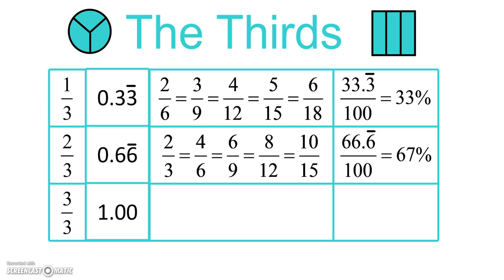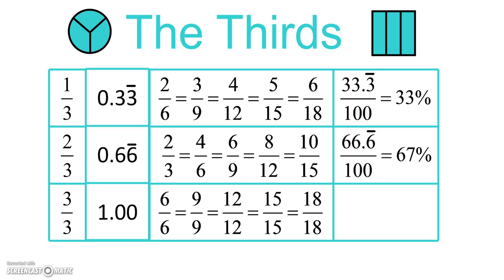Divide, easy, that's 1. Equivalent fractions. And here is the equivalent fraction in terms of its percentage. 99.99999 over 100, or if I round to the nearest whole percentage, 100%.